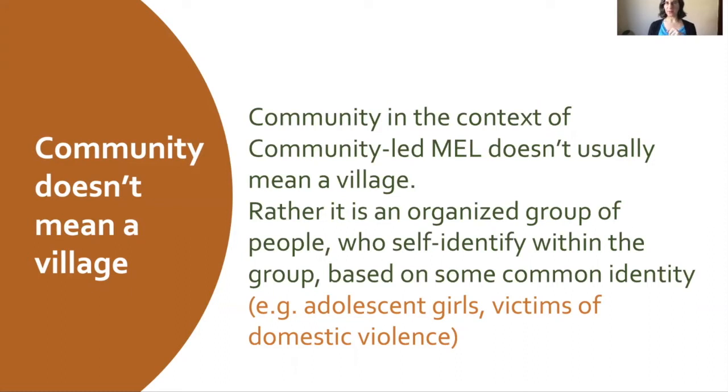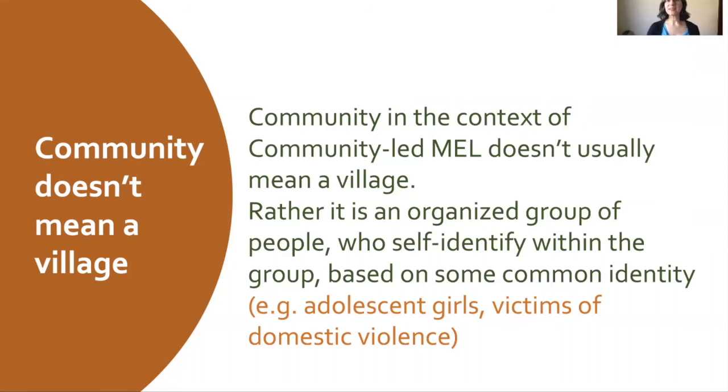So if you think about the case study and also the story I'm about to tell related to teenage pregnancies, a village might contain a number of community groups that would engage in the ColMEL process: adolescent girls, adolescent boys, parents and caregivers, just to name a few. And community-led monitoring and evaluation would aim to give voice to those different groups in the community and to bridge the differences and support them in working together.